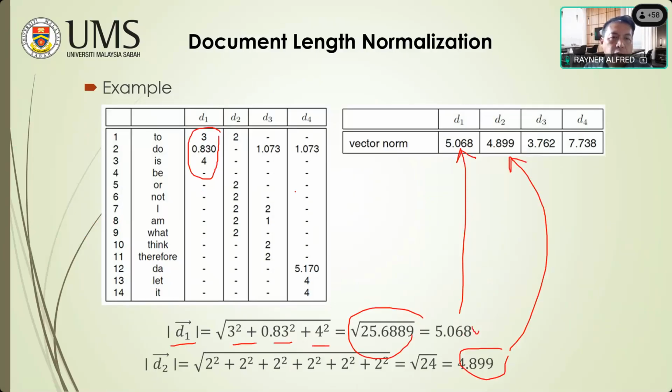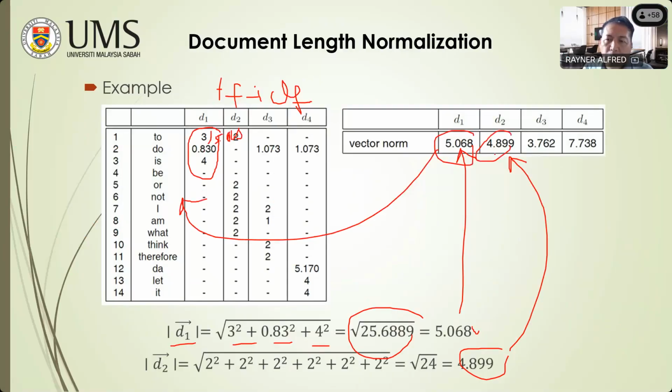Okay, so this is your TF-IDF, right? If I say compute the normalized weight for this table, what you need to do is take this table, and for each of these values, you divide by 5.06. So you divide everything by this for here.